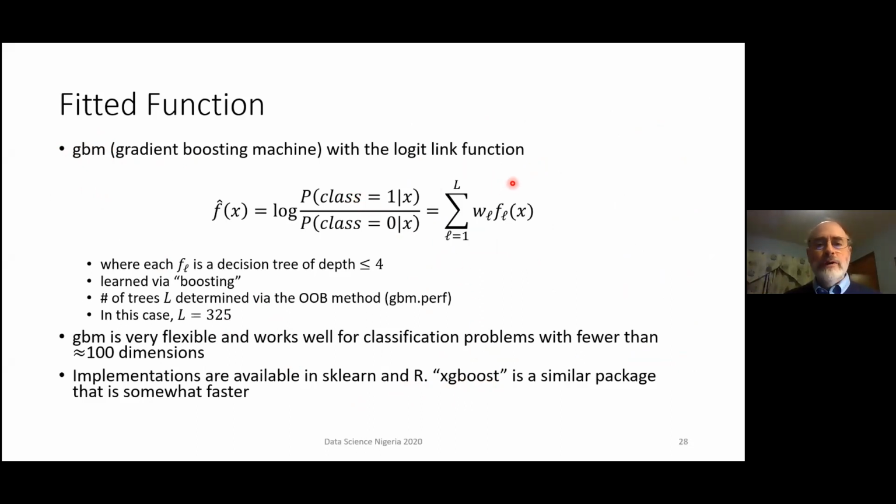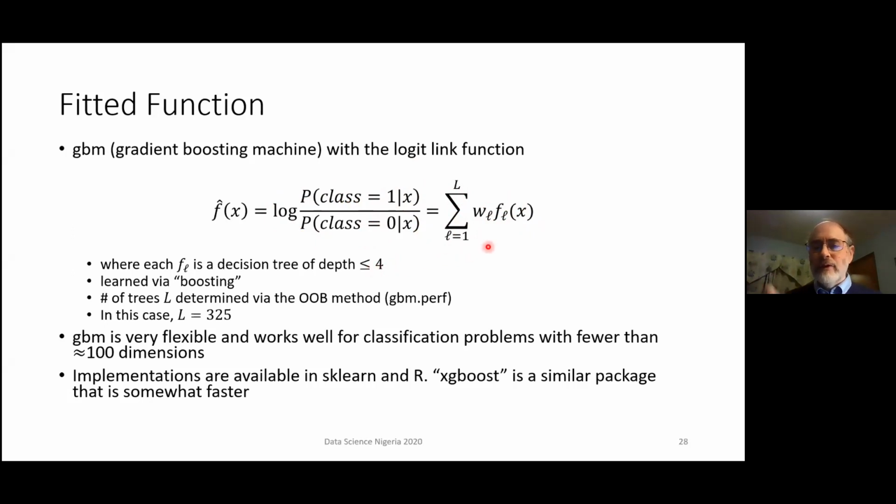You can set up GBM to do a logistic regression, that is, to use what's called the logit link function. What it's doing is modeling the log of the odds, the probability that the data point belongs to class 1 versus class 0, as a linear sum of regression trees. I think they're decision trees. Each of these trees is very shallow; I used a depth of 4.